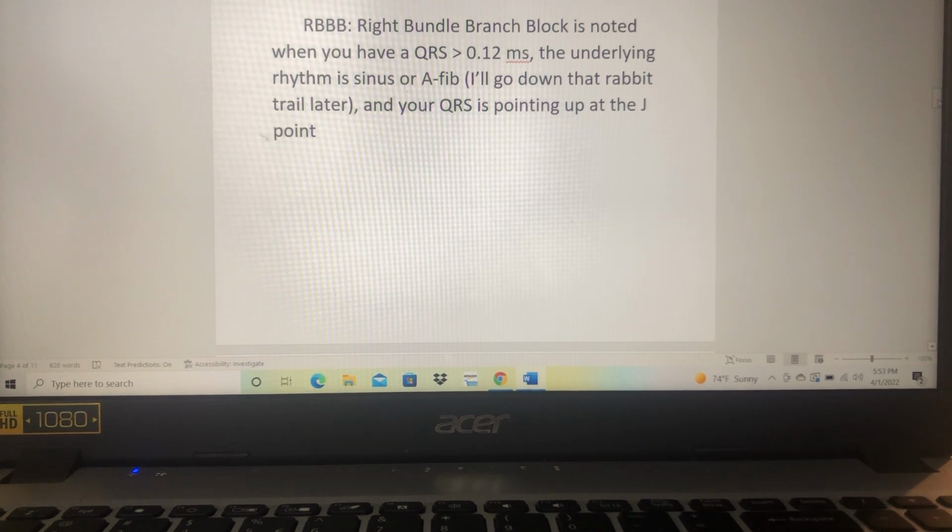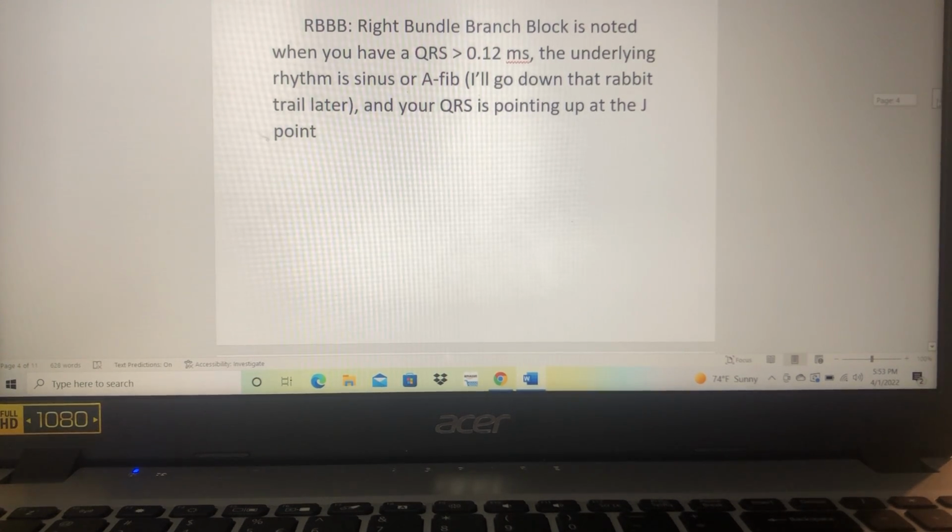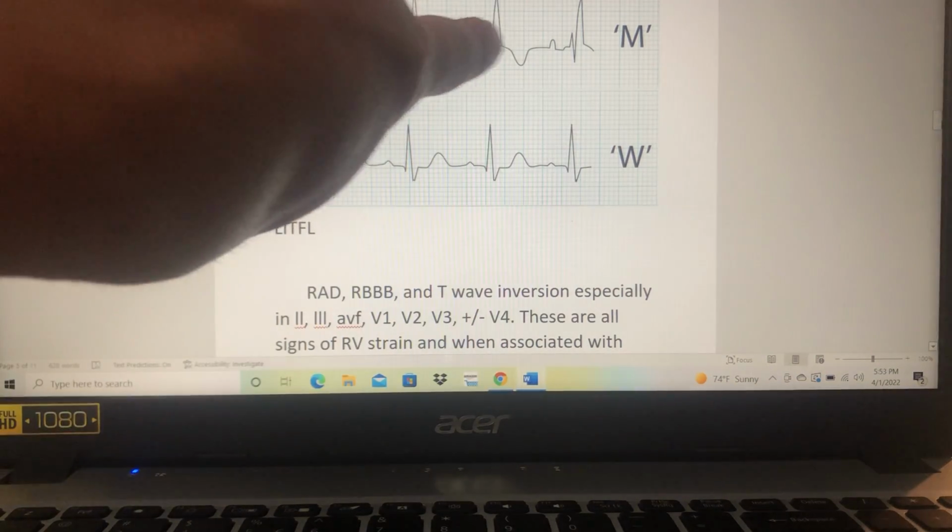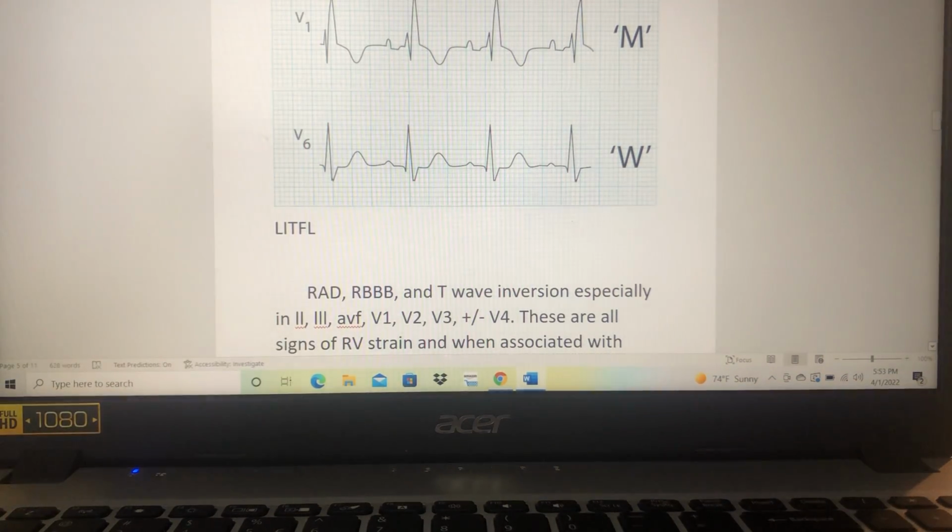It's a right bundle branch block. If it points down, it's a left bundle branch block. If you notice right there, V1, you see your T wave right here. The J point is right there. Points up, that's a right bundle branch block all day long.